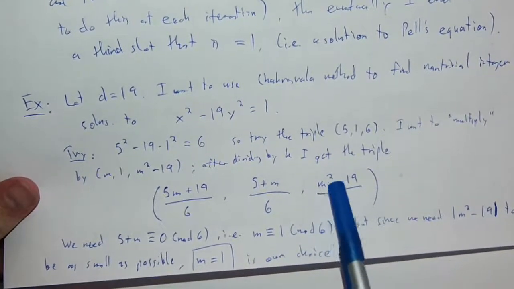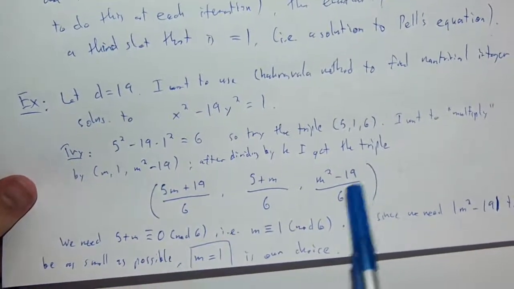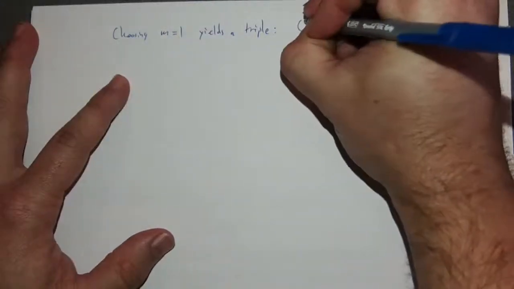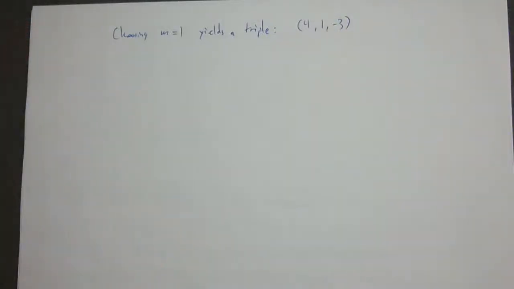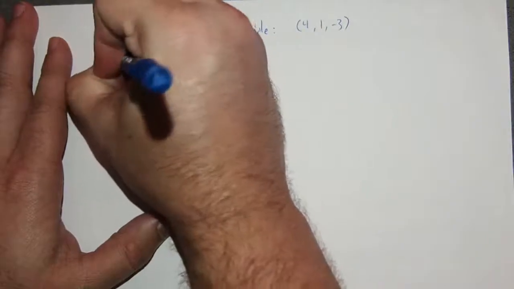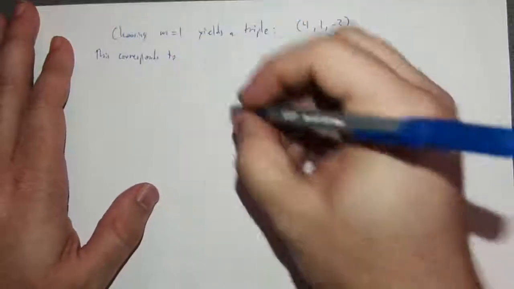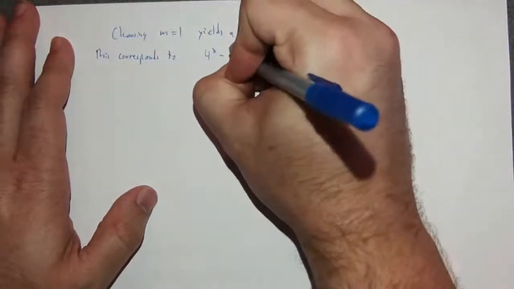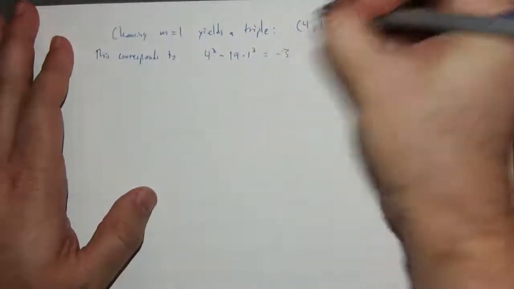And 1 squared minus 19 is minus 18 over 6, that's minus 3. All right, so this is 4, 1, minus 3. Okay, this corresponds to the equation 4 squared minus 19 times 1 squared is equal to minus 3.